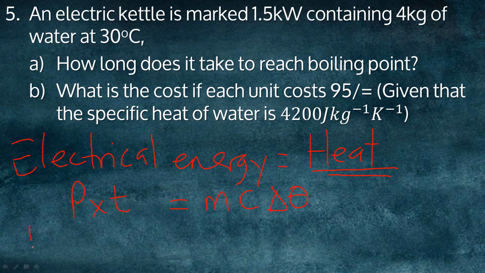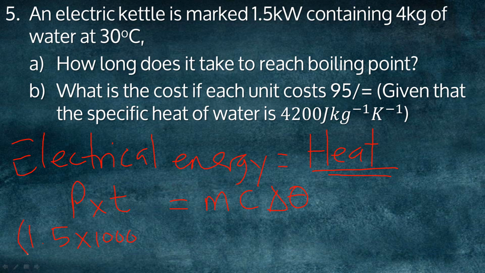So the power is 1.5. Now we can use watts. This is a standard calculation here, because the heat is going to be expressed, the specific heat capacity is given in joules per kilogram per Kelvin. Therefore here we have to use the SI unit, and the SI unit of power is the watt, or joules per second.